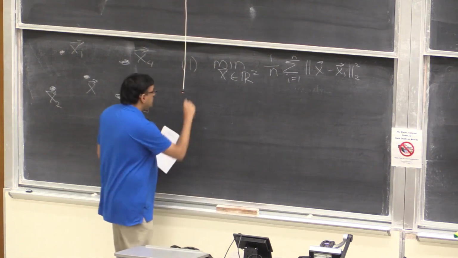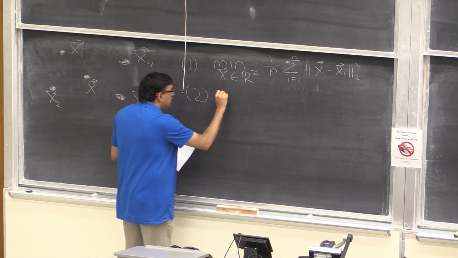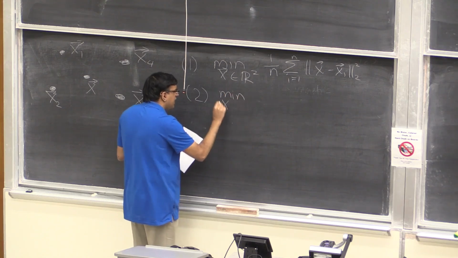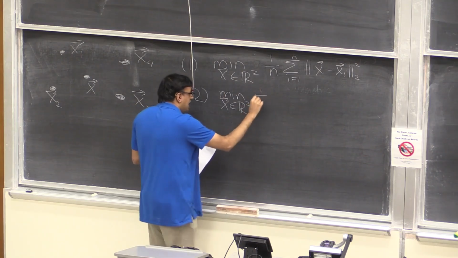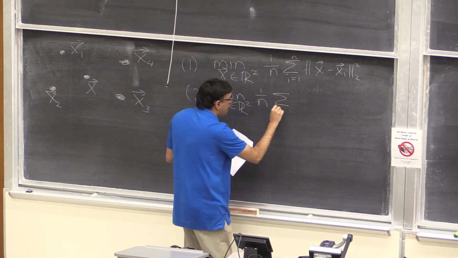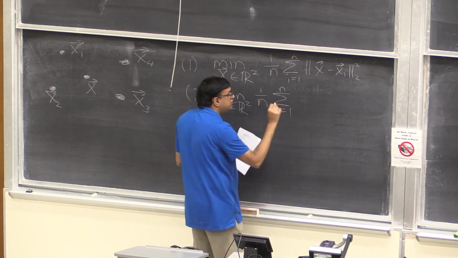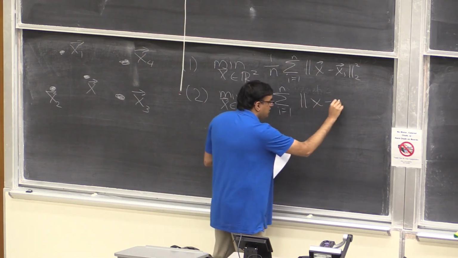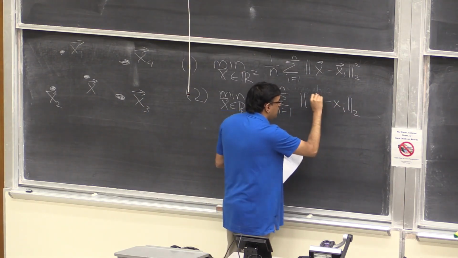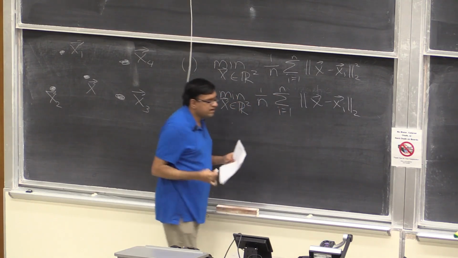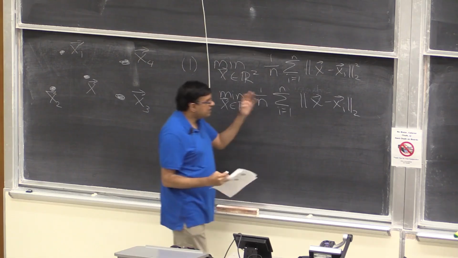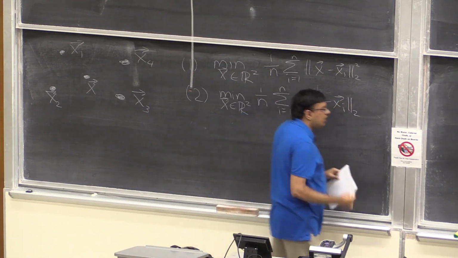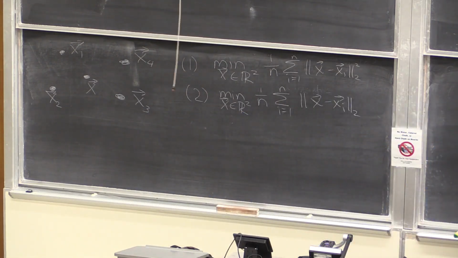Then this leads to problem 2. Min over X in R2 of the average distance, not squared distance. Okay? This is not a quadratic objective. These problems are equivalent if and only if there is exactly one truck stop that you're serving, and then you place the warehouse right next to the truck stop.